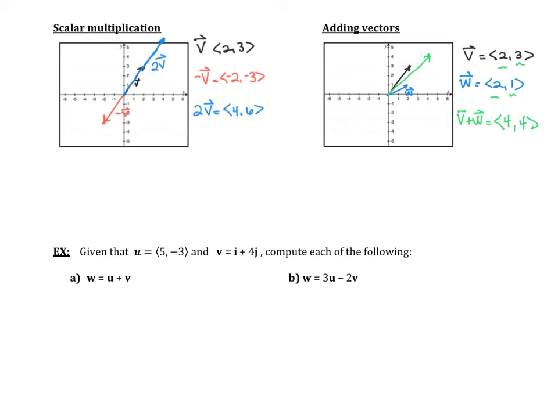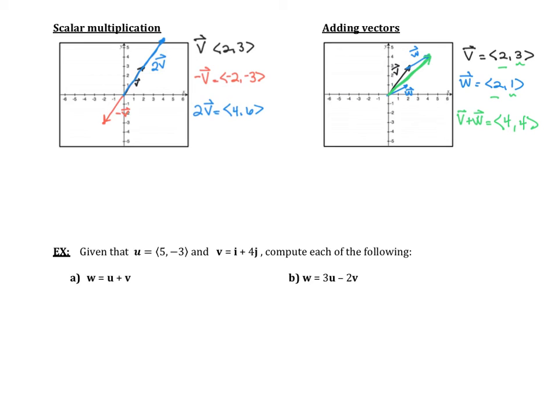So remember, it's over 2 up 1, so over 2 up 1 would put me right here, and I would have that vector. So here is W when it's added on to V, and you can see that it creates this green vector here. I don't know why I can't seem to draw a straight line on the iPad, but I cannot. So V plus W is that vector right there.